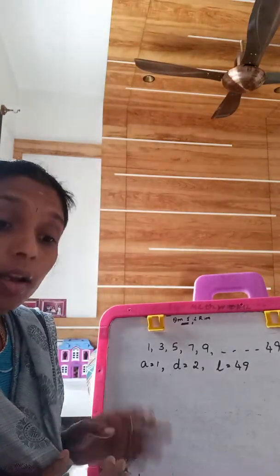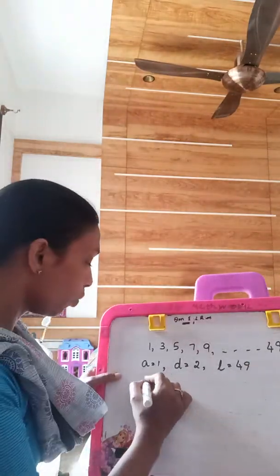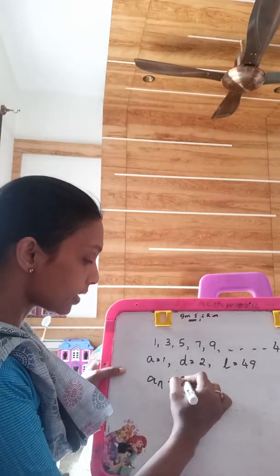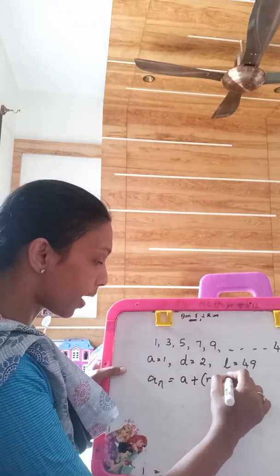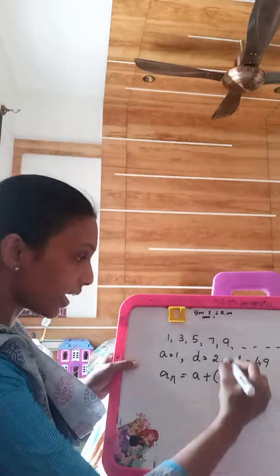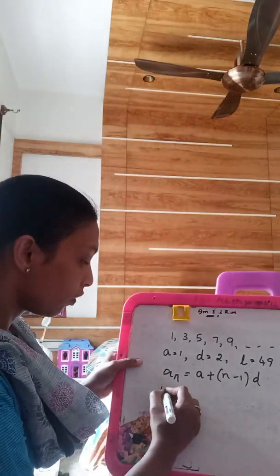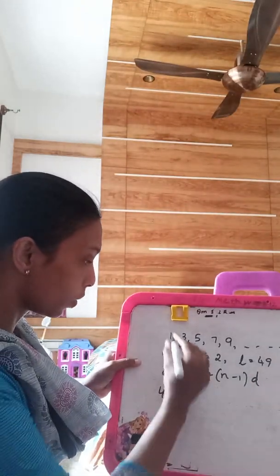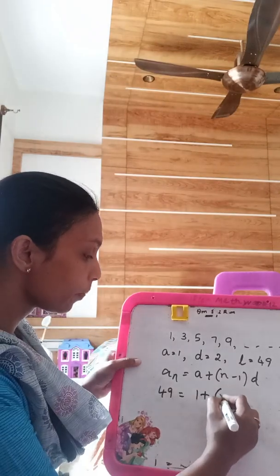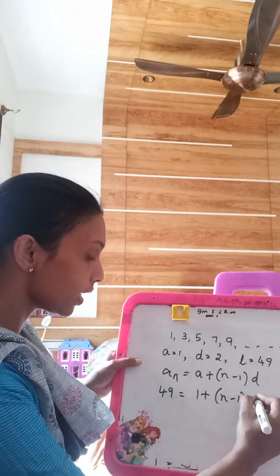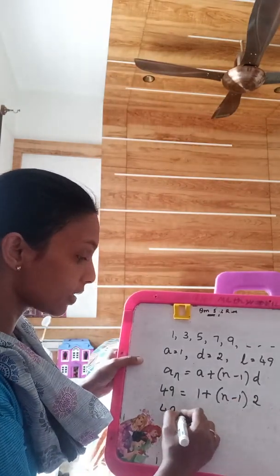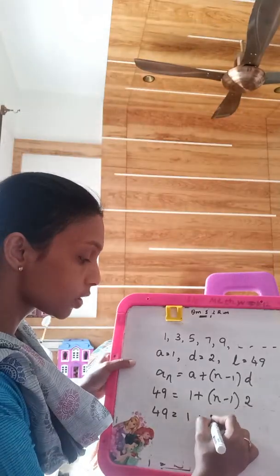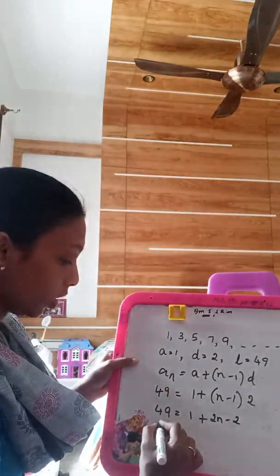We don't know N. How do we find out N now? We have this formula: An is equal to A plus (n minus 1) into D. What is An? An is nothing but L. So, 49 is equal to 1 plus (n minus 1) into 2. 49 is equal to 1 plus 2n minus 2.